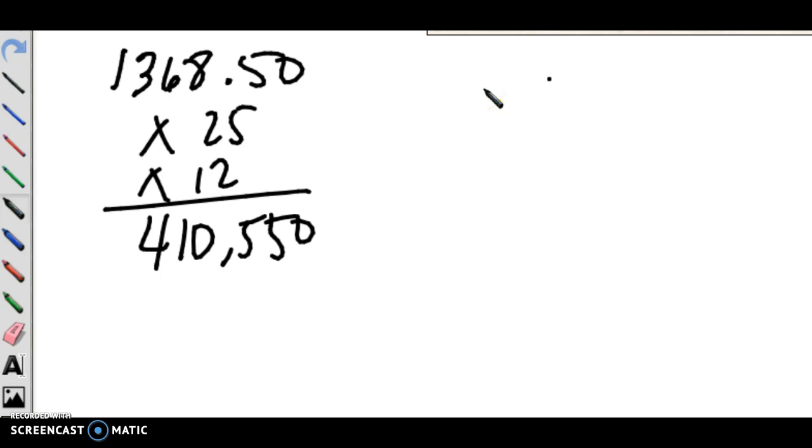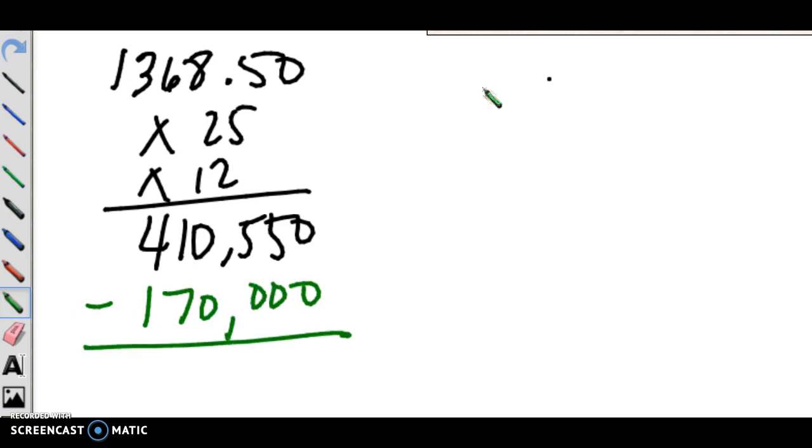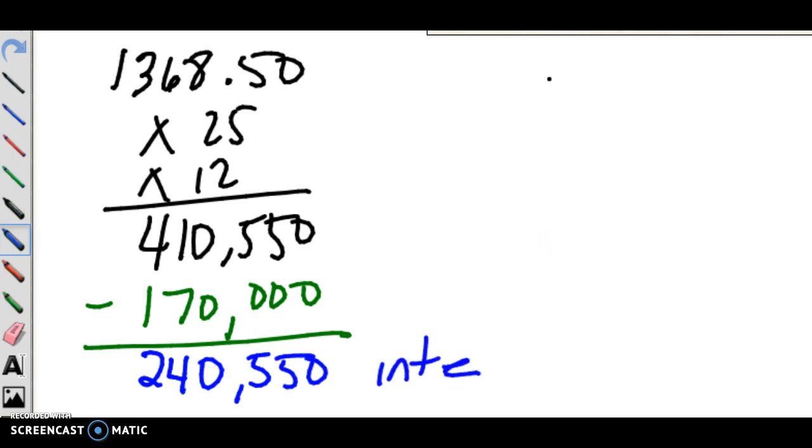This is how much they paid over the course of the loan. We need to subtract from this the amount that they financed. They only financed $170,000 for their home. So if we subtract those, we find that they are going to pay a whopping $240,550 in interest.